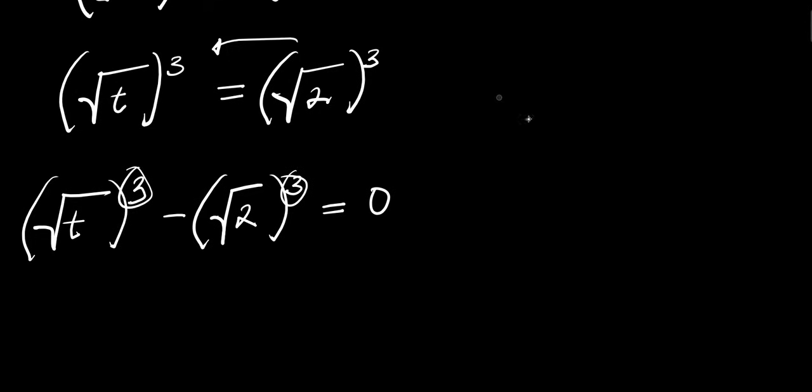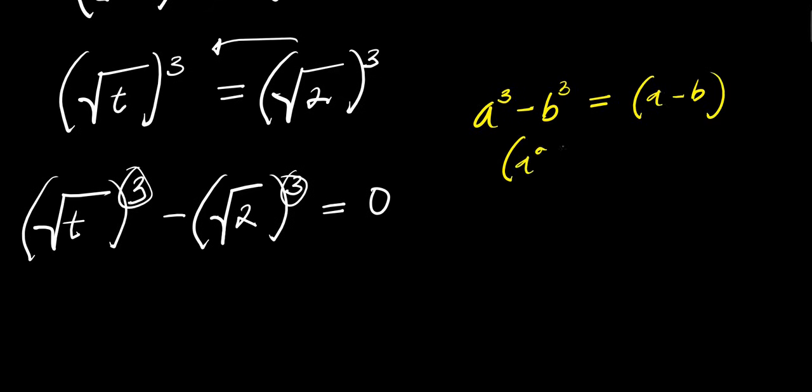And we are going to expand this, so you have a power 3 minus b power 3. This equals a minus b times a squared plus ab plus b squared. And in this case, my a is root t and my b is root 2.